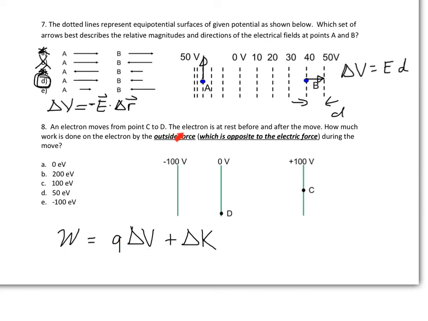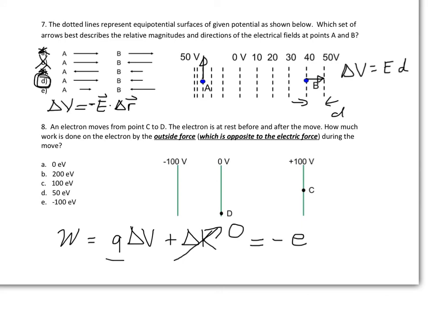Now, the first statement here says it's at rest before and after the move, which indicates its initial and final kinetic energies are 0, which tells you that the change in kinetic energy is 0. Okay, good, that was easy. So now all we have to figure out is the change in the potential energy, replacing Q with minus e, and then delta V we have to evaluate.